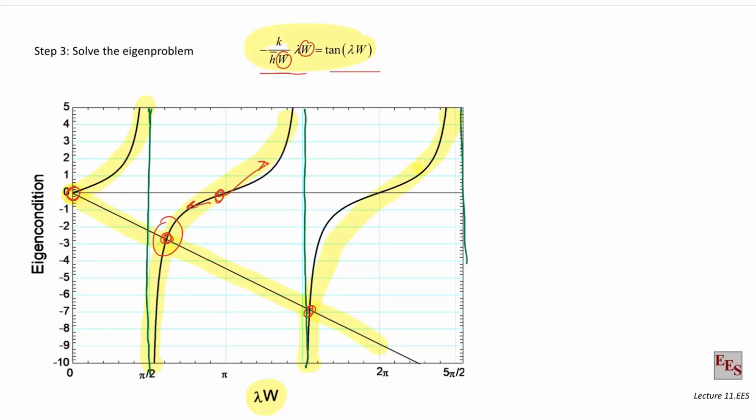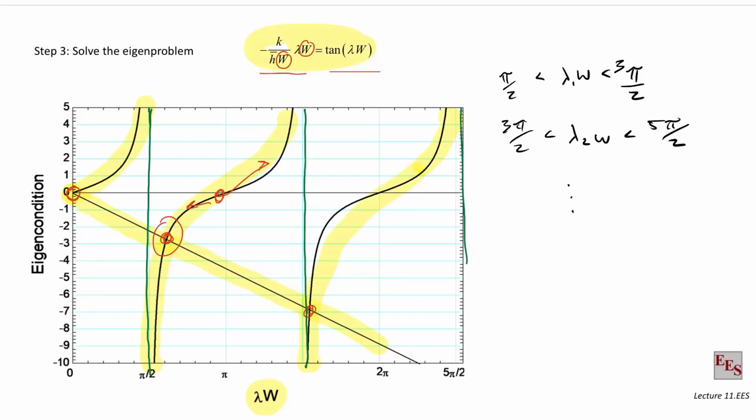So if we're providing guess values, lambda 1 is going to be from pi over 2 to, I guess, pi? No, this should be 3 pi over 2. And then from 3 pi over 2, lambda 2 has to be up to 5 pi over 2, and so on. So we have this rolling window where we know the solution has to live.